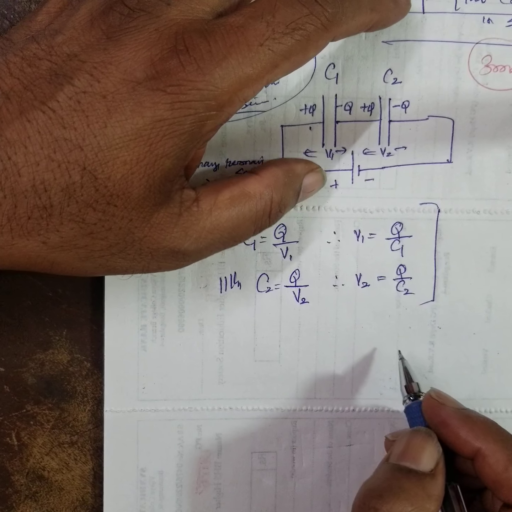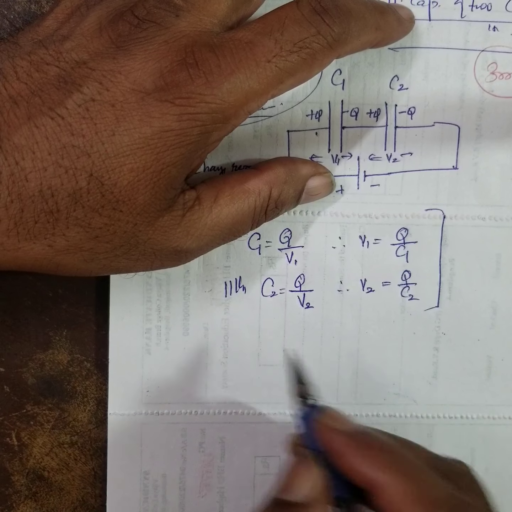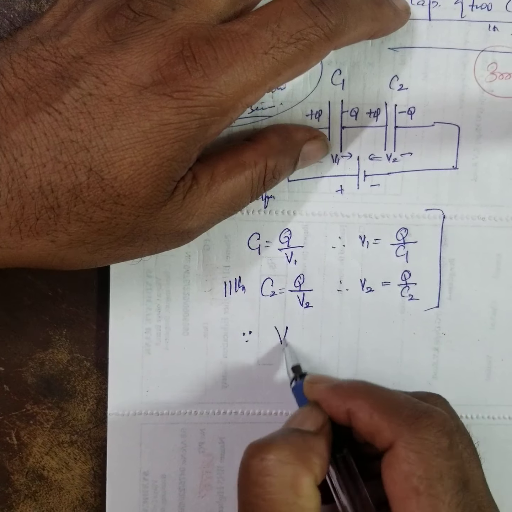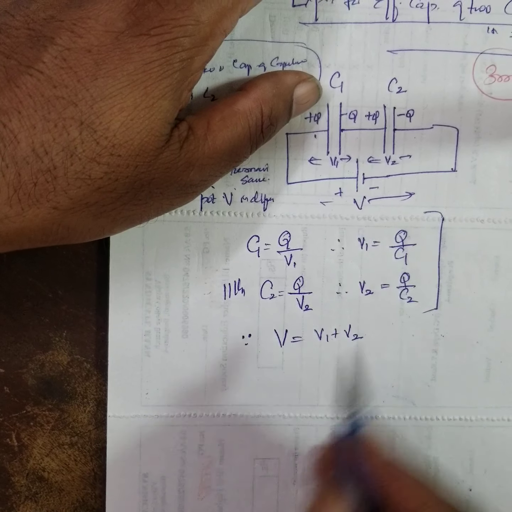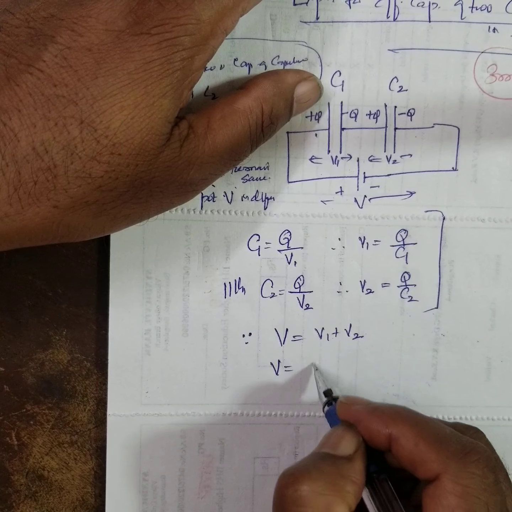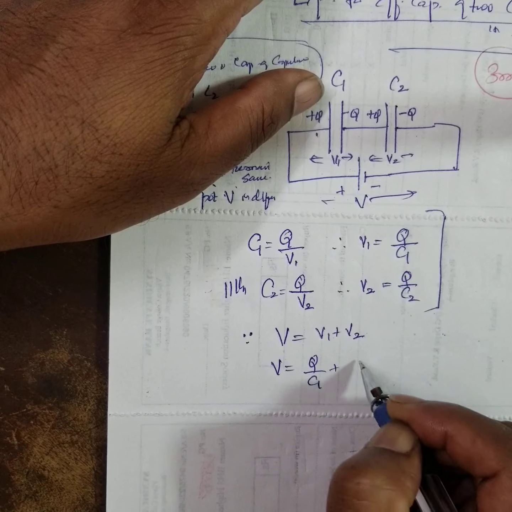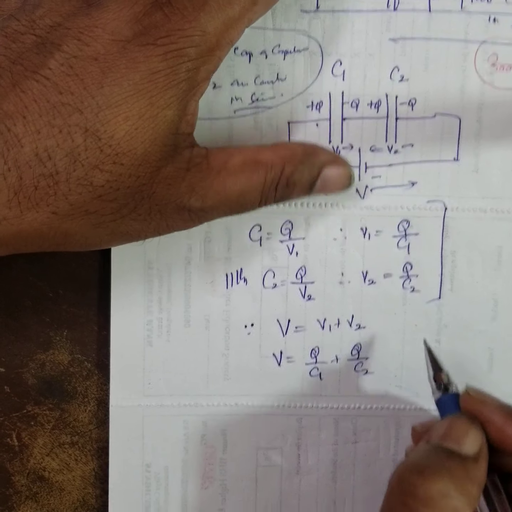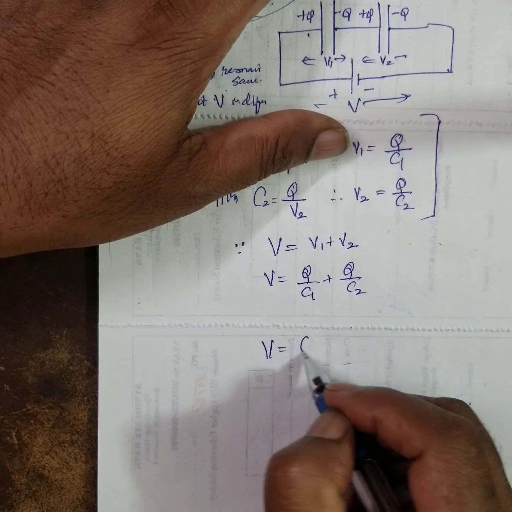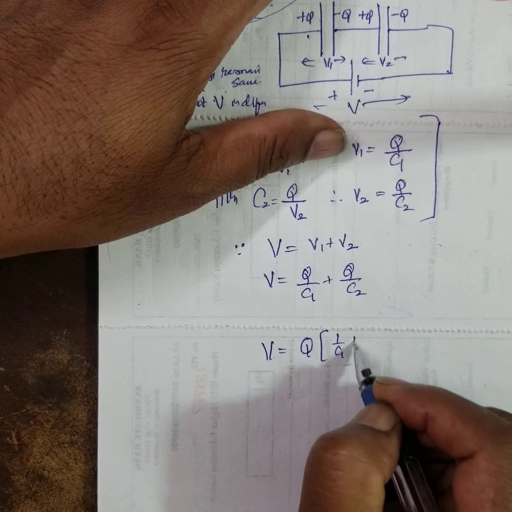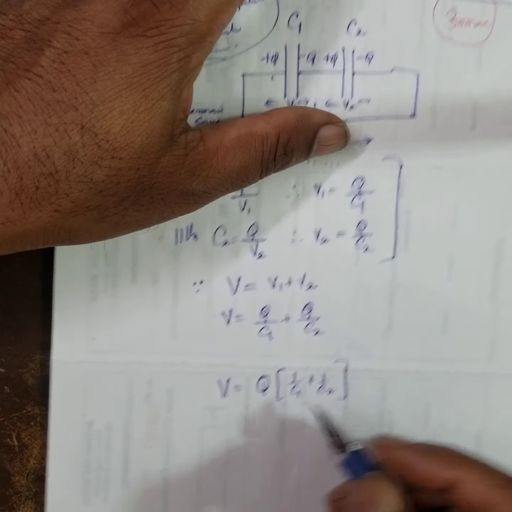Right? The voltage V is equal to V1 plus V2. You substitute: V is equal to Q by C1 plus Q by C2. V is equal to Q times 1 by C1 plus 1 by C2, Q being a common factor.